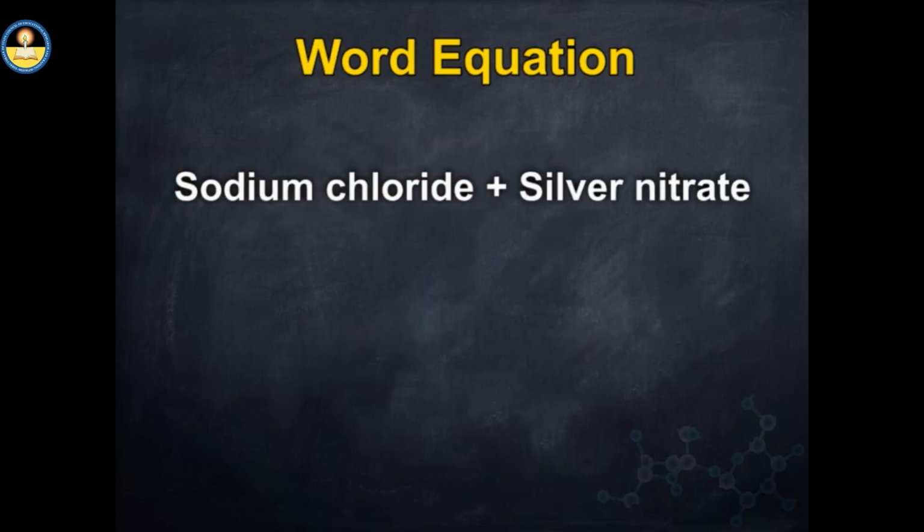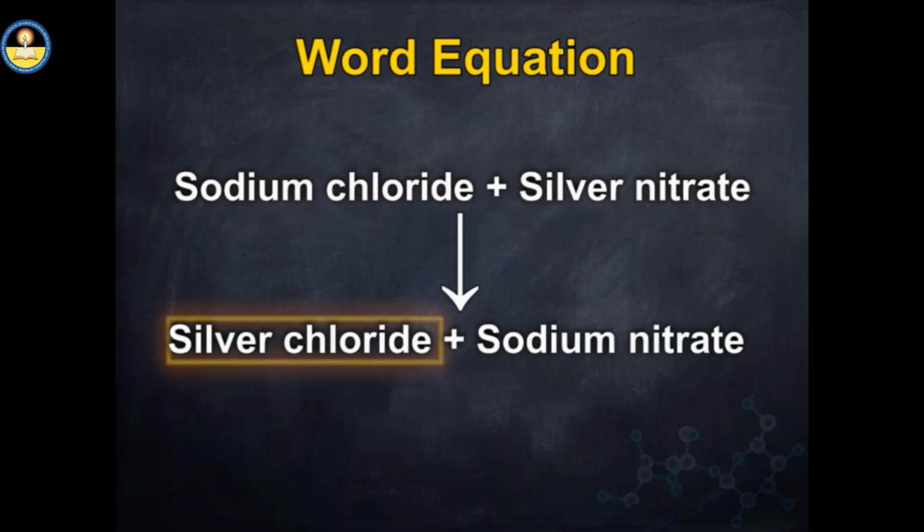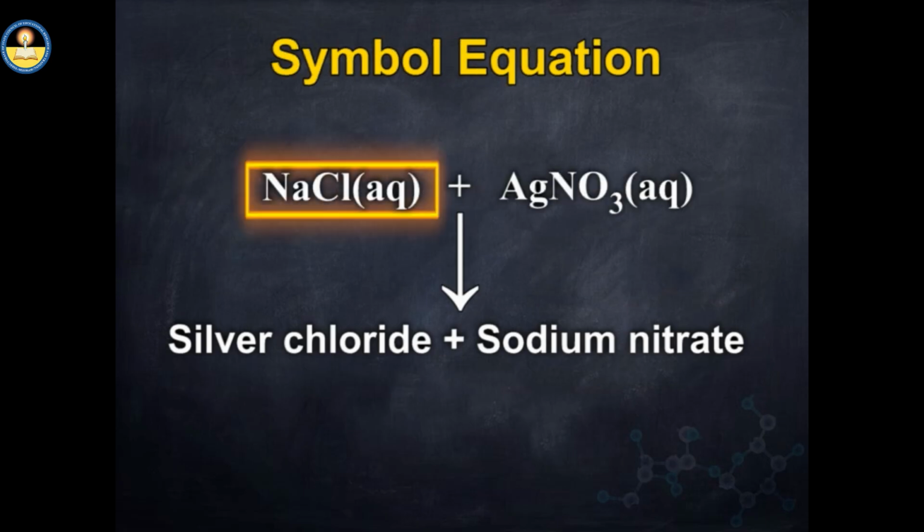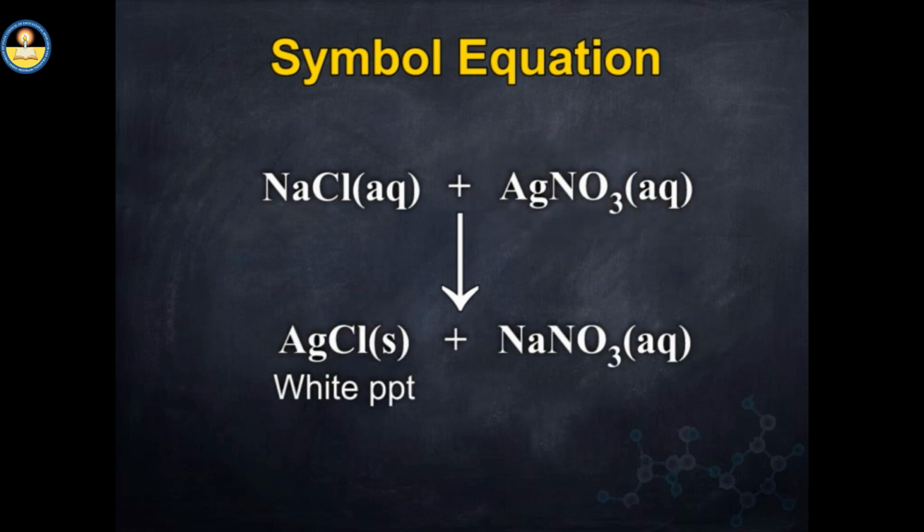A solution of sodium chloride when added to a solution of silver nitrate forms white silver chloride, which precipitates as an aqueous solution of sodium nitrate. NaCl in aqueous state reacts with AgNO3 in aqueous state to give AgCl in solid form and NaNO3 in aqueous form, where AgCl is a white precipitate.